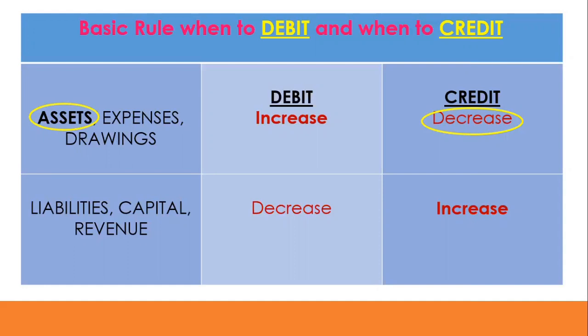On the other hand, since loans payable is a liability, and since our liability decreased because we already made a payment of a portion of our total loan, that means we need to debit our liability loans payable.